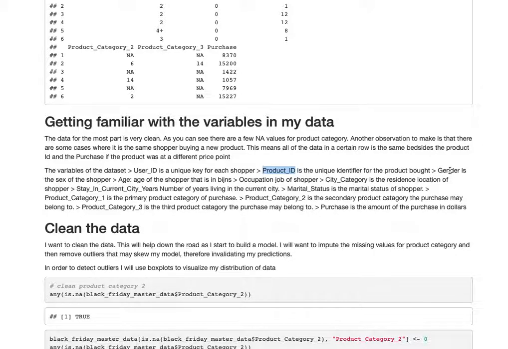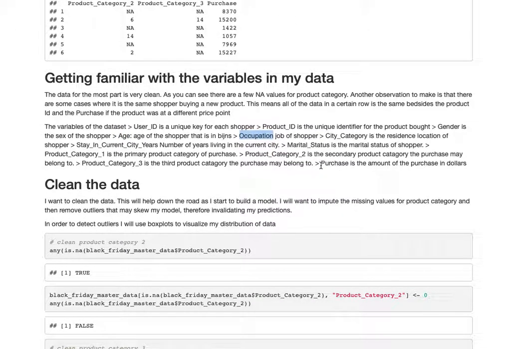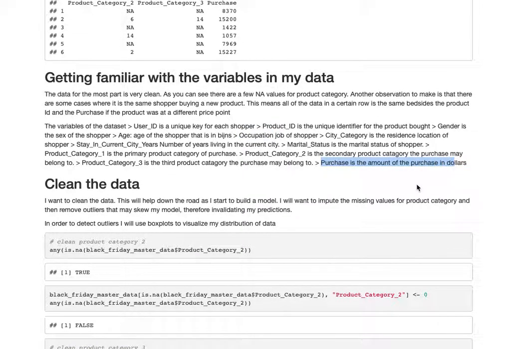And then the categorical breakdown of a consumer: gender, age, occupation, a couple more. And then the purchase amount. So this is how much a transaction actually was. If I bought product ID A, I spent X amount.